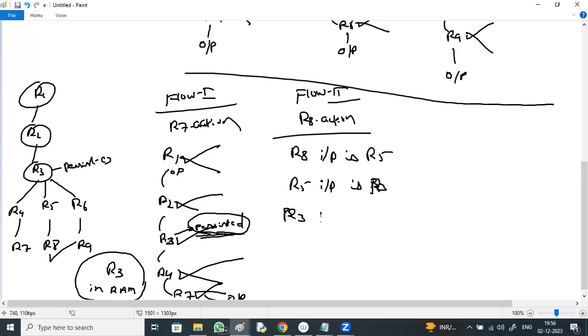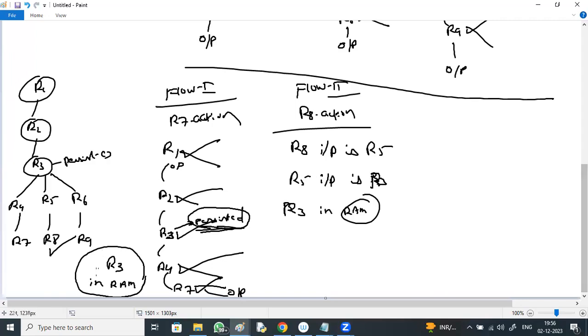R3 is present in the RAM, right? No need to search again that R3's input is R2 and so on. Your flow is like this: R3 to R5, R5 to R8. Understand?